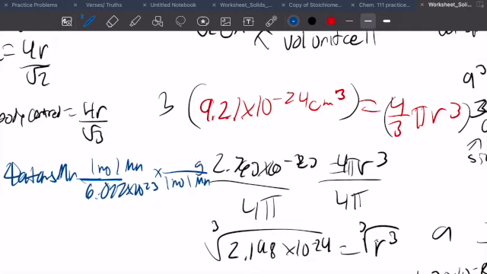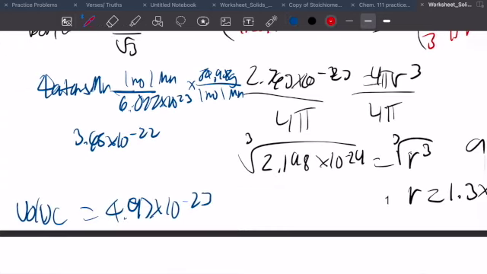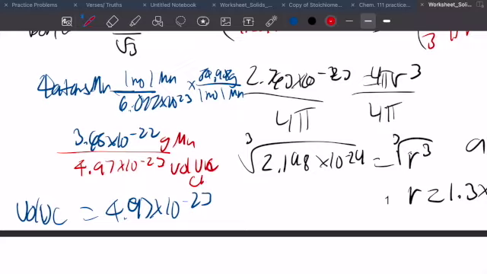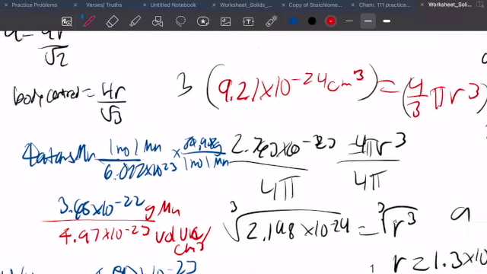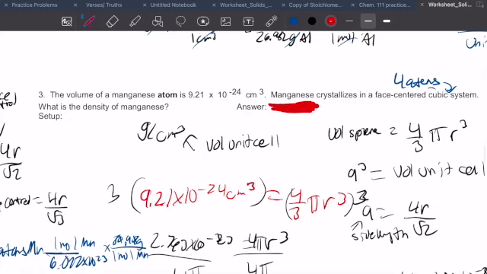Manganese has how many grams? We go to the molar mass, 54.938. Plug this into our calculator, and we're going to get 3.65 times 10 to the negative 22 grams of manganese over 4.97 times 10 to the negative 23 volume of the unit cell, which is the same thing as centimeters cubed, which we're given here.